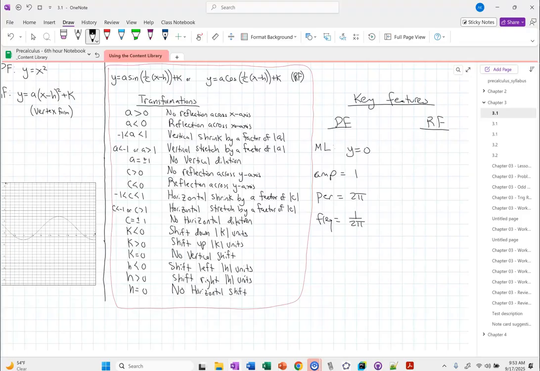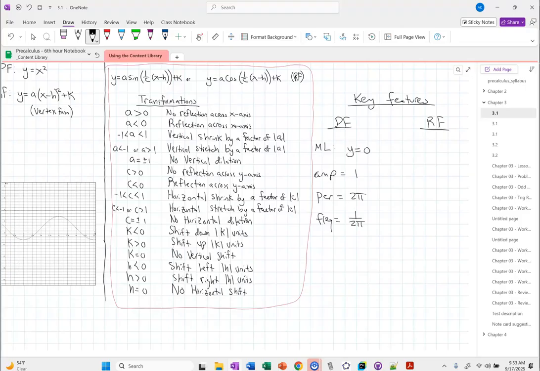What about a reflection across the y-axis? If I flip it that way, it doesn't affect the midline. What if I stretch or shrink it this way? No, right? The midline stays still, dividing the same amount of stuff above and below. What if I shift the graph left or right? No. What if I shift it up or down? Yes.